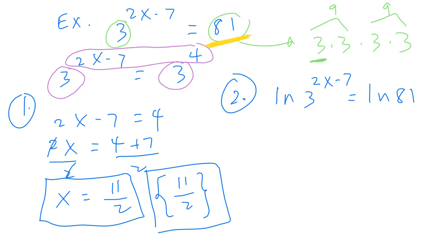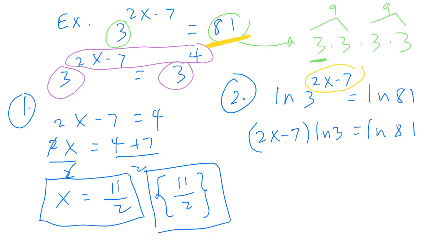So taking ln on both sides, we have to remember we apply the log property here and move the power here to the side of ln. So we will have now 2x minus 7, and then you have ln 3 here, and then equal to ln 81.